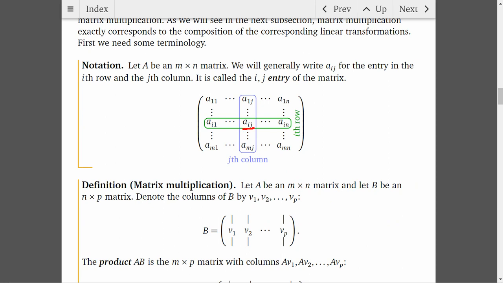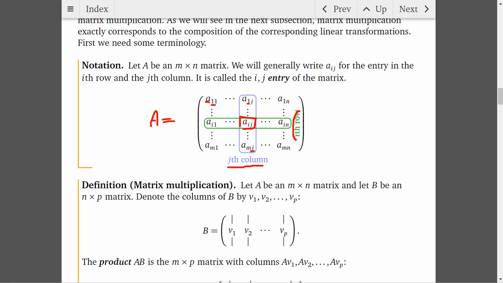If I have a component a sub ij, this is in matrix A. If I have a capital A matrix, I use little a with double subscripts to refer to its components. The second index is the column that it's in, and the first index is the row that it's in.